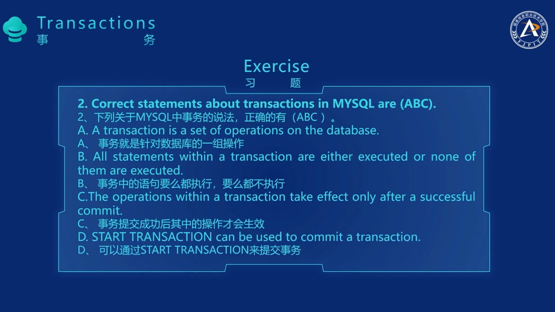A. A transaction is a set of operations on the database. B. All statements within a transaction are either executed or none of them are executed. C. The operations within a transaction take effect only after a successful commit. D. Start transaction can be used to commit a transaction.